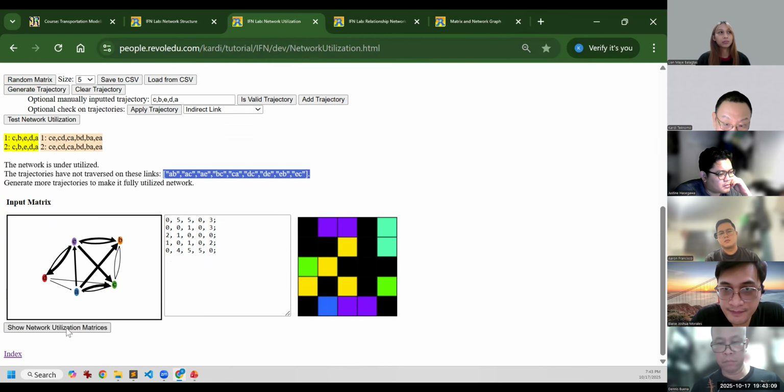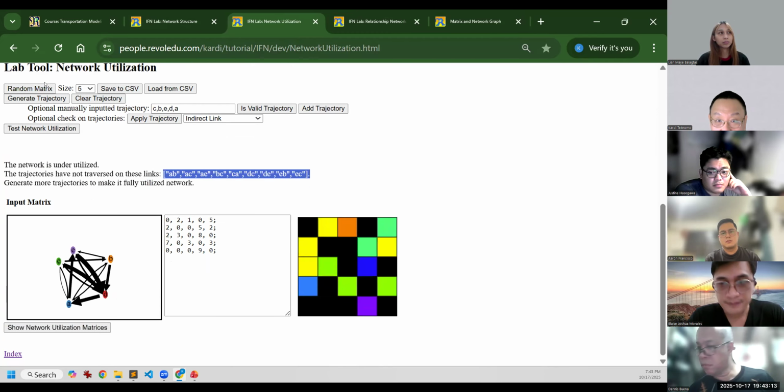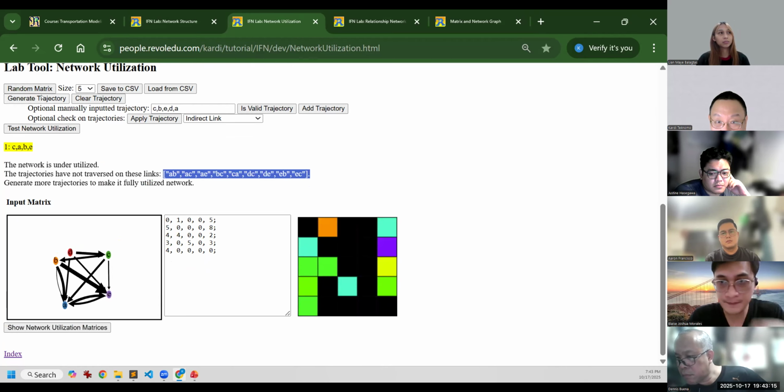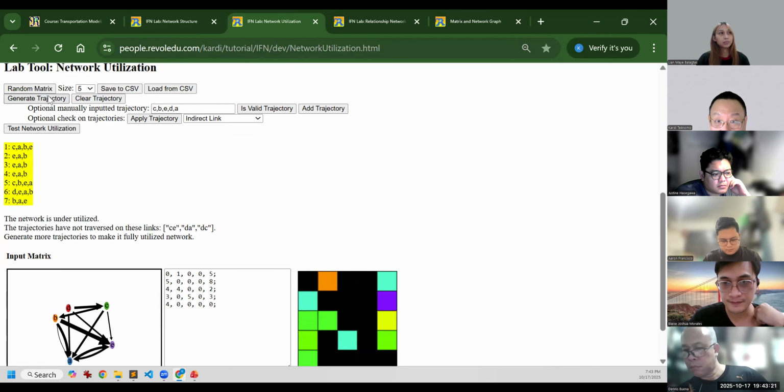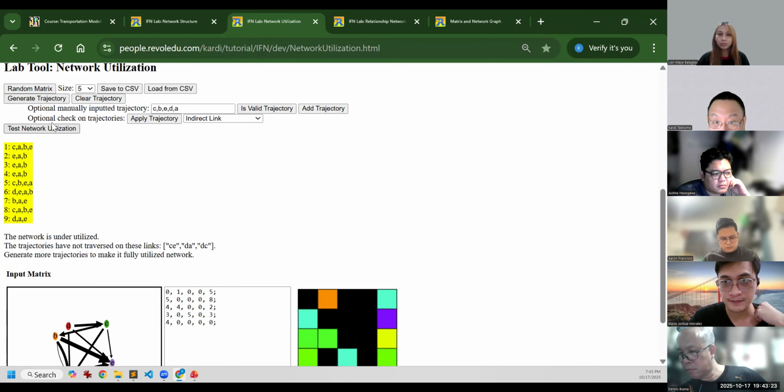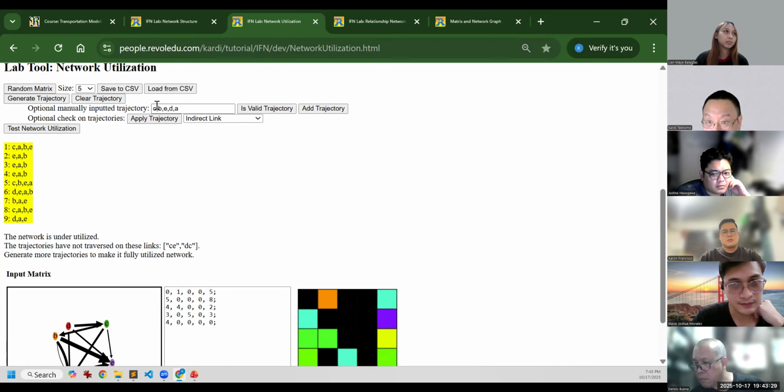If you click this button, it will generate more random matrices and random trajectories to test. Now, oh, still okay. I need CE and then DC. So let me get CE and then DC.